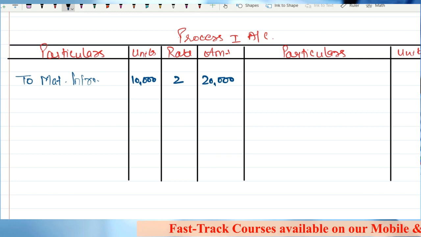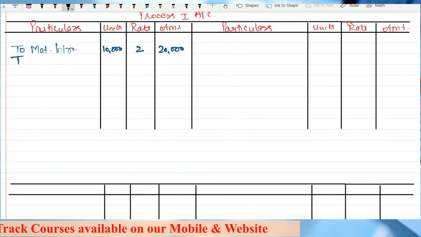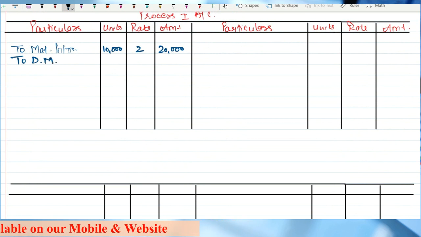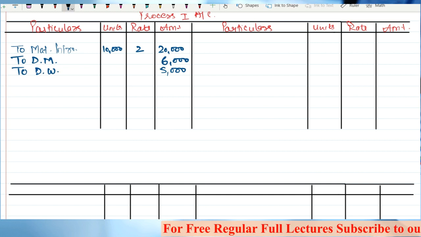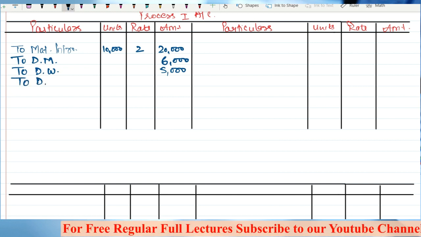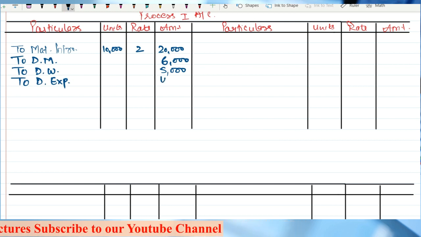So the rate is 2, right? Then we have to direct material, that is 6,000. Then we have to direct wages, that is 5,000. To direct expenses, that is 4,000.